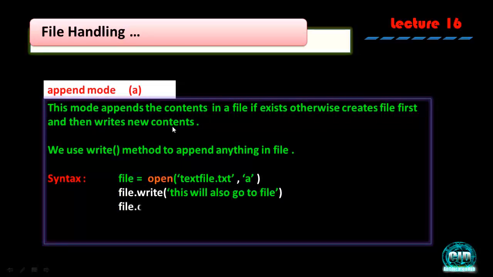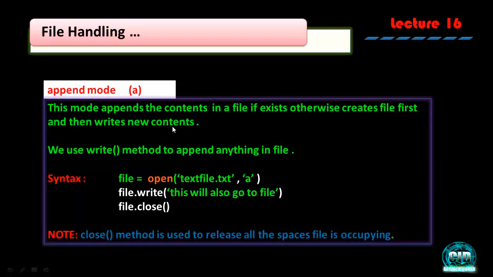That means it will work like write mode. Let me show you the syntax. It is the same as the write mode, but we have mode A here, and we'll use the write method for appending also. So it will add this line to our file if we write it like this.